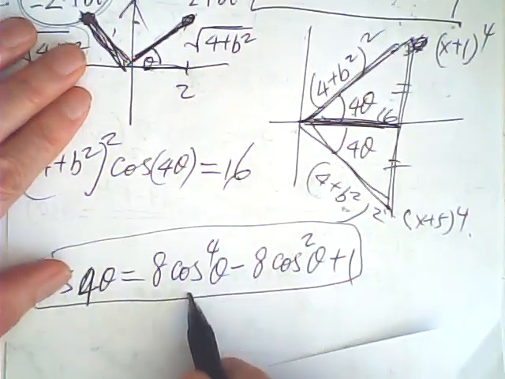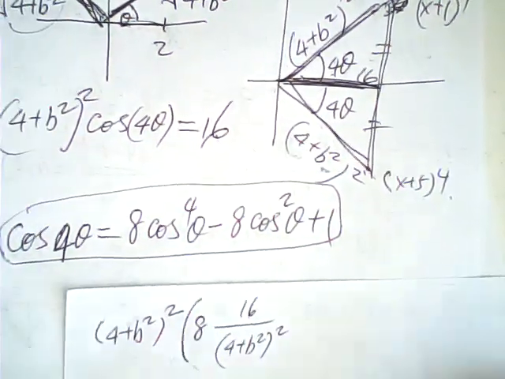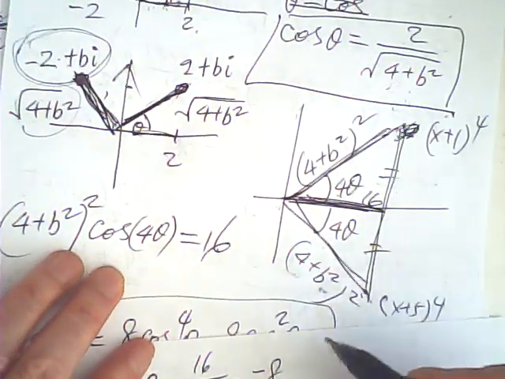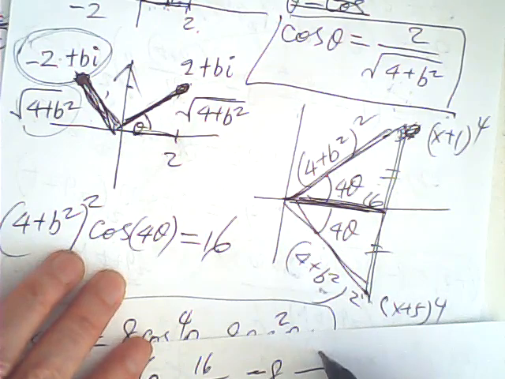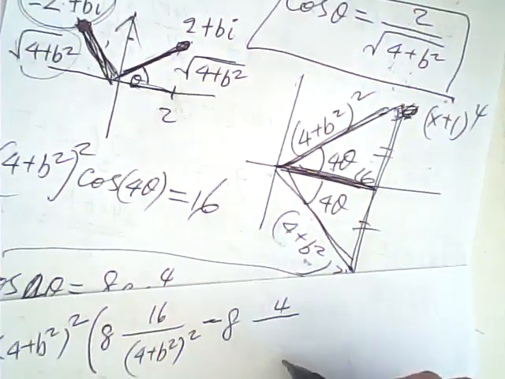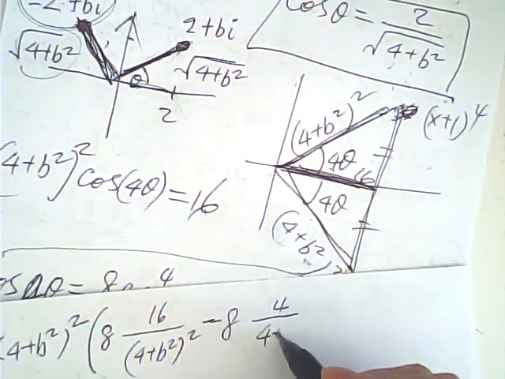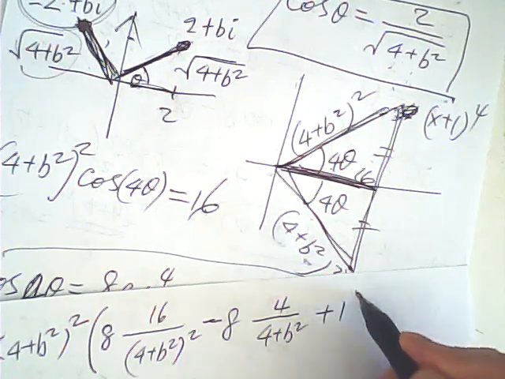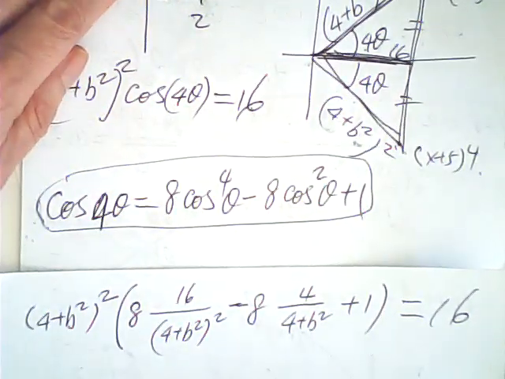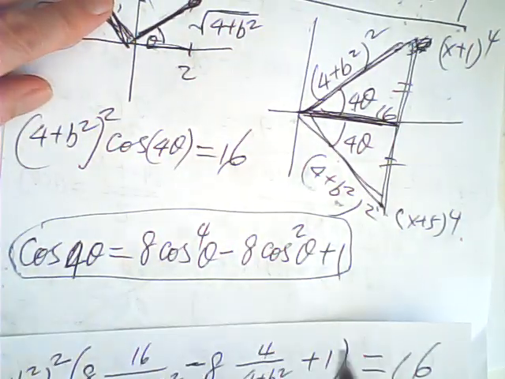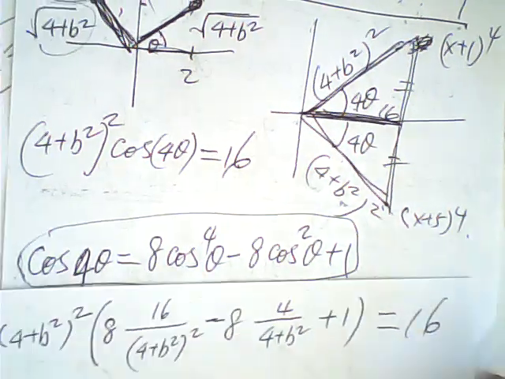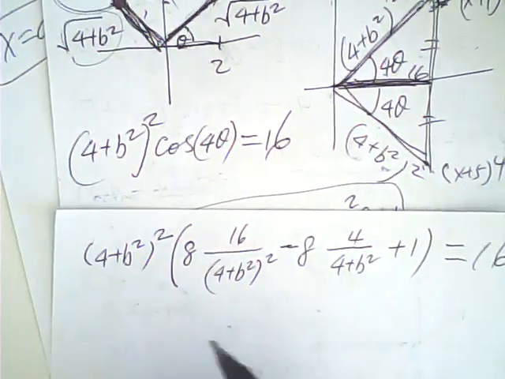Fourth power. And minus 8 times this squared, which is 4 over 4 plus b squared, plus 1, equal to 16. Yeah, I'm using this formula.